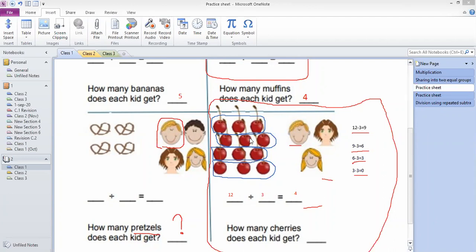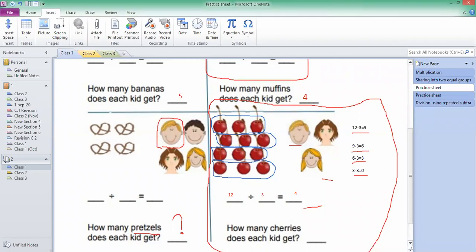Okay, that's fine. All right, guys, all the answers are correct. The answer will be 1. Why? Because there are 4 pretzels in total. If you see, 1, 2, 3, 4.